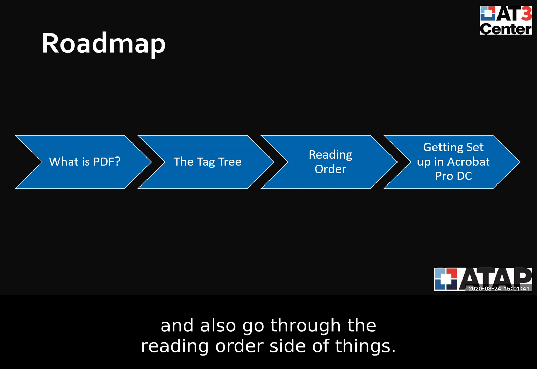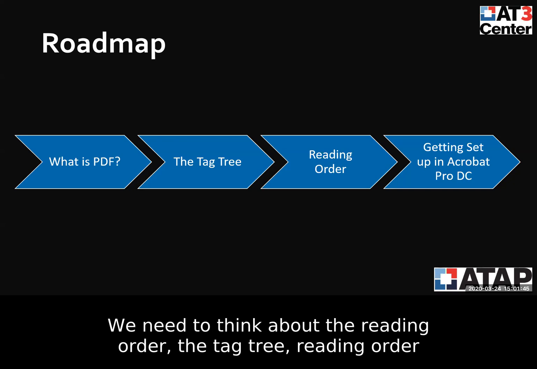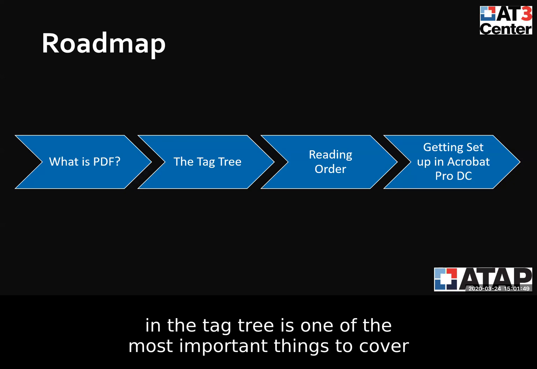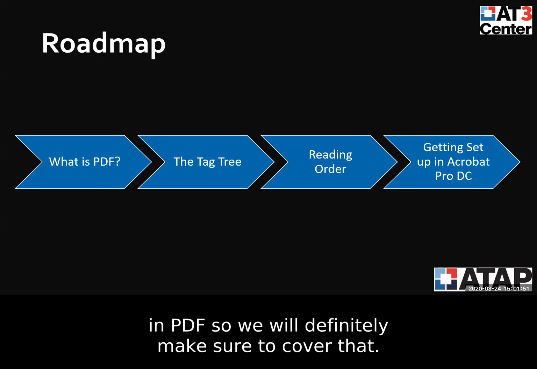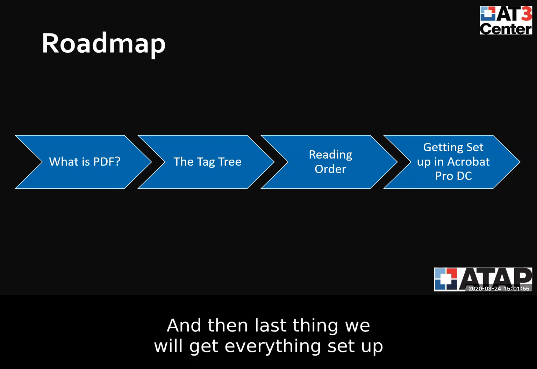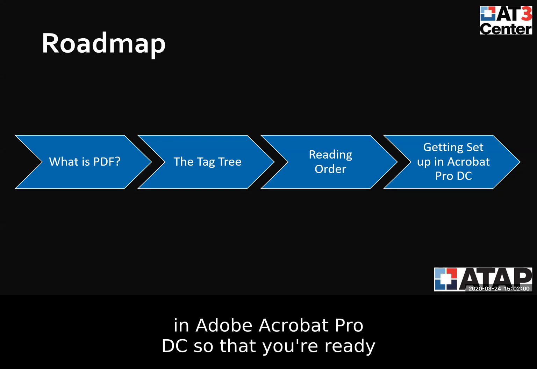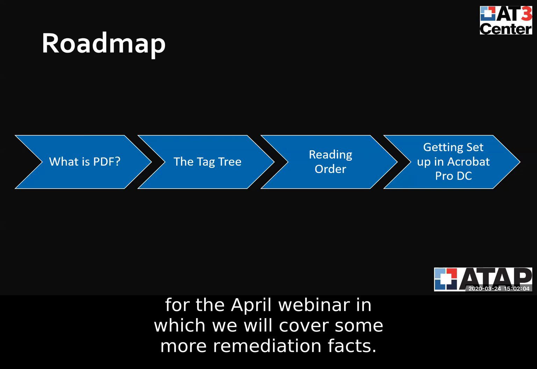And then we'll also go through the reading order side of things. Reading order in the tag tree is one of the most important things to cover in PDF, so we'll definitely make sure to hit that. And then last, we will get everything set up in Adobe Acrobat Pro DC so that you are ready for the April webinar in which we will cover some more remediation facts.